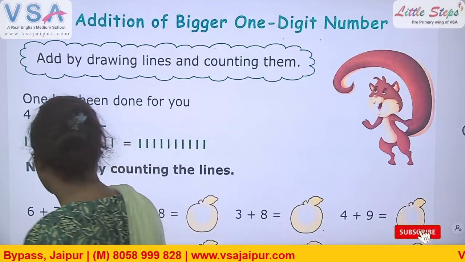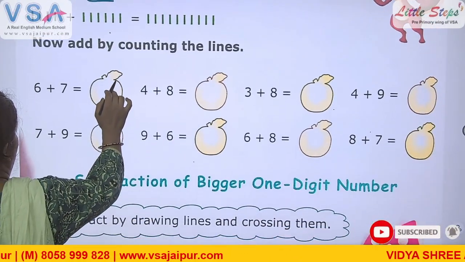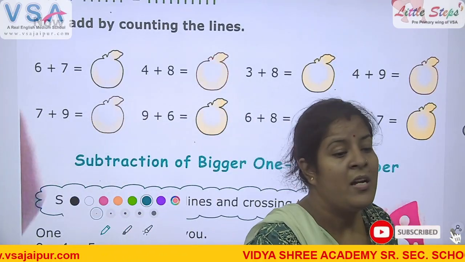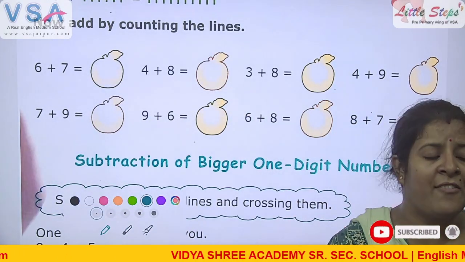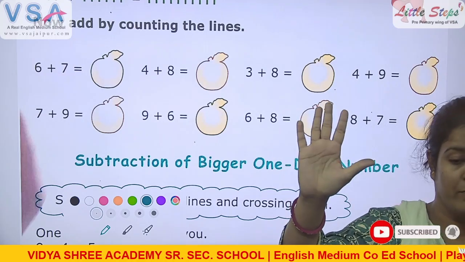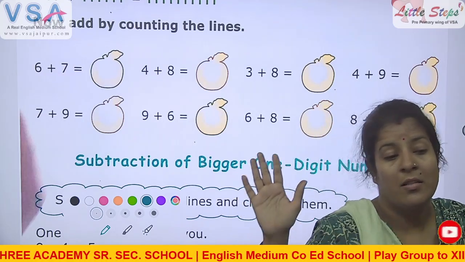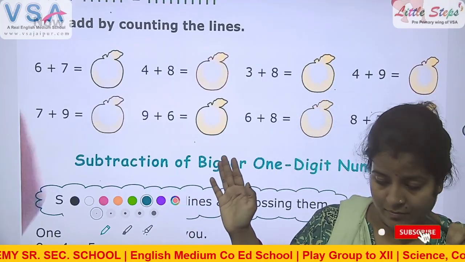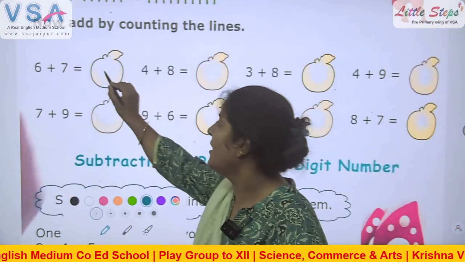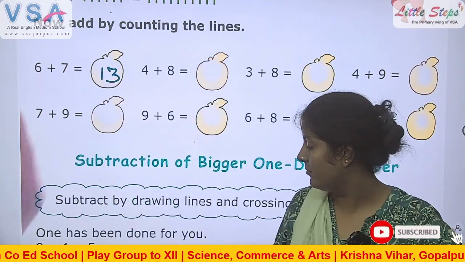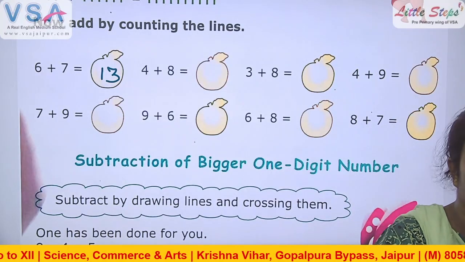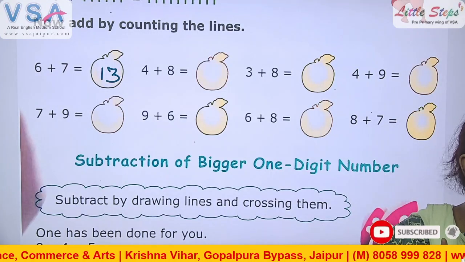Okay. Now add by counting the line. 6 plus 7. Keep 6 in mind. Count the 7 fingers. Count after 6. The answer is 13. Next is 4 in mind, plus 8. Count 8 fingers.